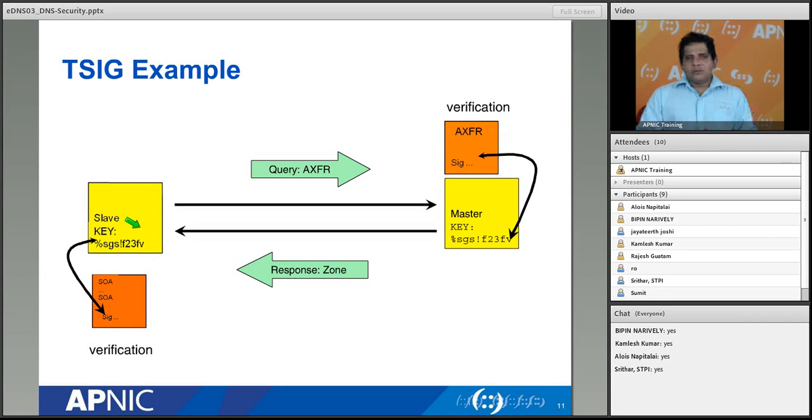When this zone transfer happens, of course, the least secure way is to have no security mechanism here. Whoever asks for a zone transfer, the primary gives the zone, but that is not good because you are giving your own zone to someone else without any verification. Another option is, of course, you can allow the transfer based on the IP address of your secondary.